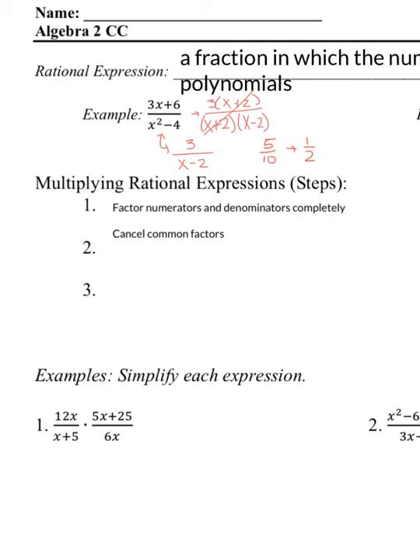You cannot cancel the 2 and the 12 out to be 1 and 6. You would cancel the numerator with the denominator. This would be a 1, this would be a 4, and you would get 8 over 5, okay? But that's neither here nor there.